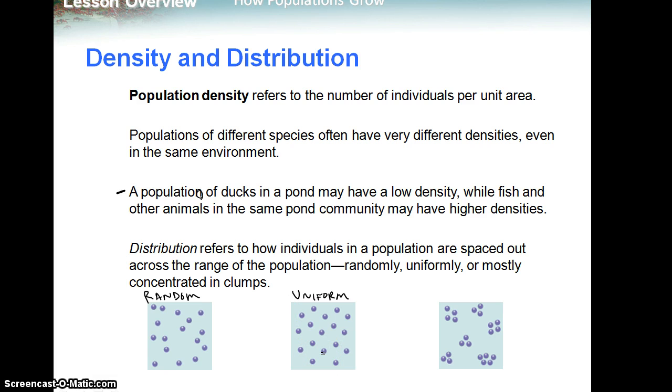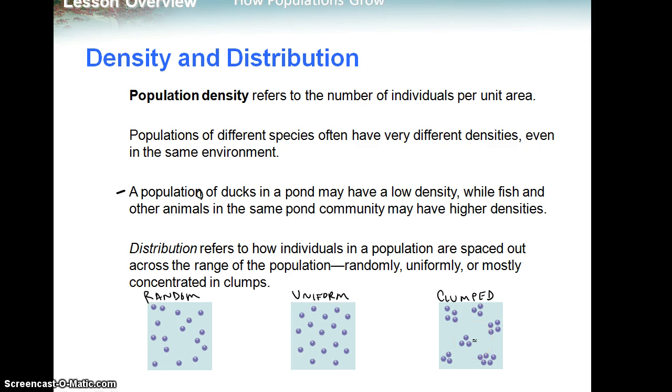But there are times in nature where we see a more uniform distribution based on, maybe these are trees that need a certain amount of space, a certain amount of sunlight, a certain amount of water, a certain amount of nutrients, and so they may be spaced out fairly evenly, fairly uniformly throughout the area. And our last one is called clumped distribution. And in clumped distribution, we kind of have pods of individuals all living together.